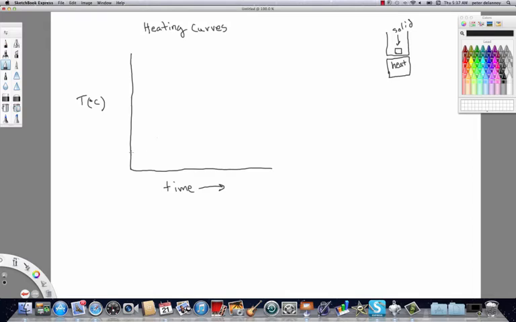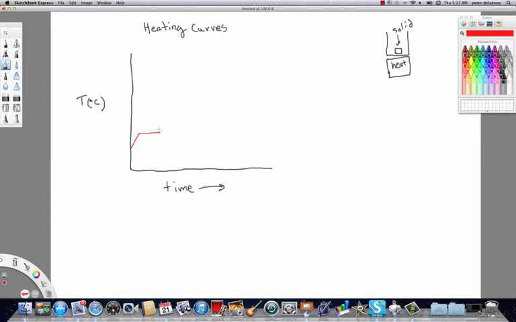All right, and for any substance, what we're going to see as we begin to heat this, and this is common sense, is that the temperature is going to rise. The temperature is going to rise up to the point where the material begins to melt. And then you're going to see something remarkable, because the temperature is going to stop going up.